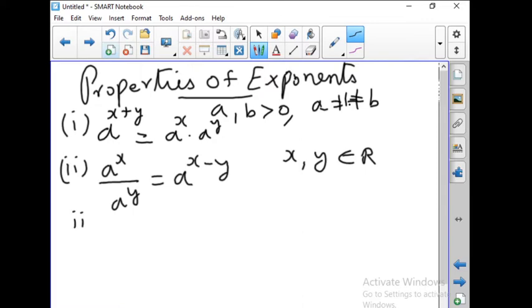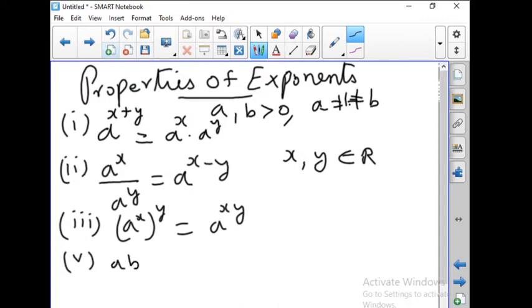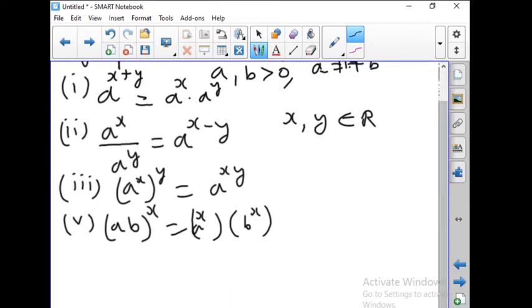Third one, a power x the whole power y is equal to a power xy. Fourth one, ab the whole power x is equal to a power x into b power x. And the fifth one is a power x is equal to 1 if and only if x is equal to 0.